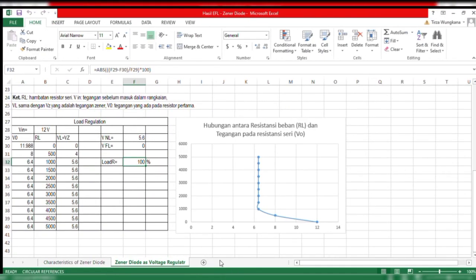Okay, so here is the result from load regulation. As you can see here, the voltage input is 12 volt.